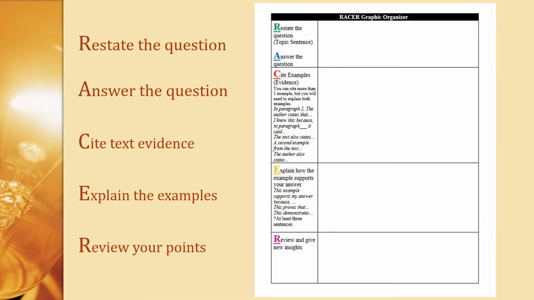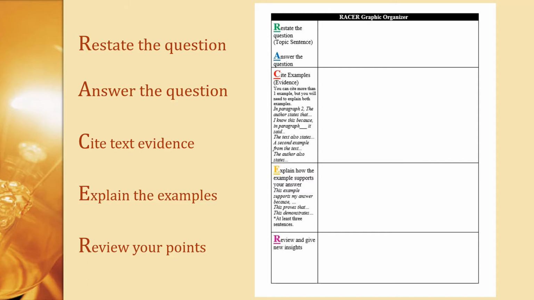Okay, so with most writing that we do, in order to keep ourselves organized, we use a graphic organizer. And using the RACER strategy is no different, okay? So let's check out this graphic organizer. We basically broke it down to where we have each of the letters and what you have to write already on the page, okay? So the R stands for restate the question, and that's going to be our topic sentence.